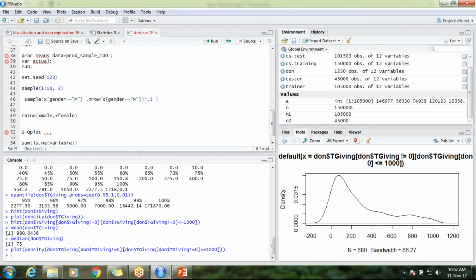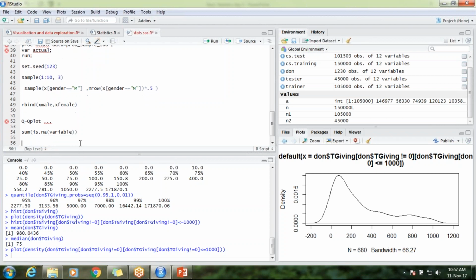This will give me the number of all the values which are NA. is.na will return true or false, whether it is NA or not, after that it will sum. For all the NA values that it gets, it will make a sum and give me how many values are missing. So this is the equivalent command in R.